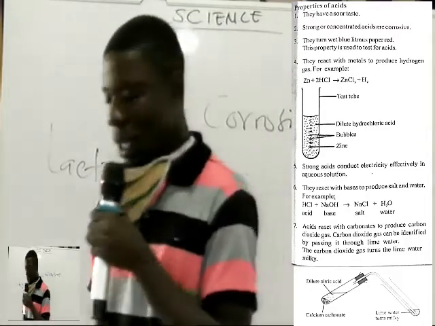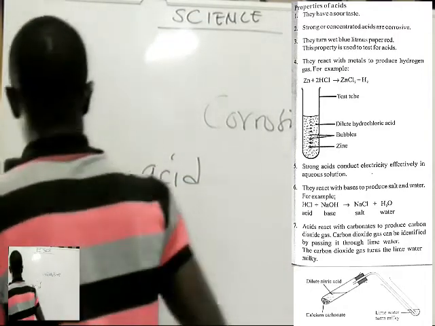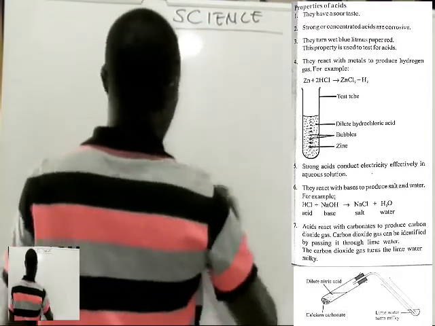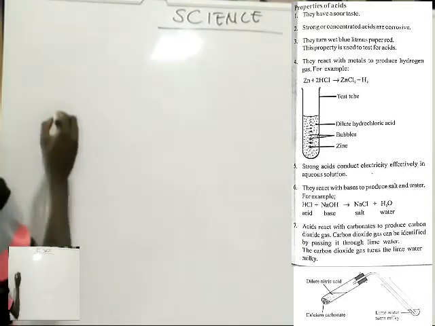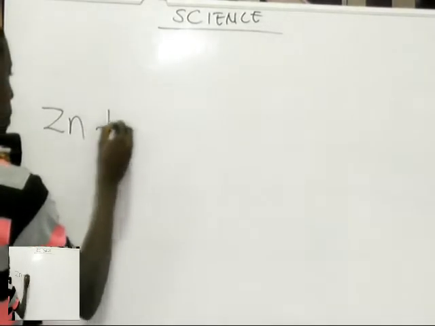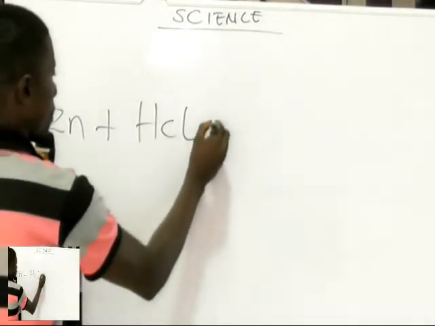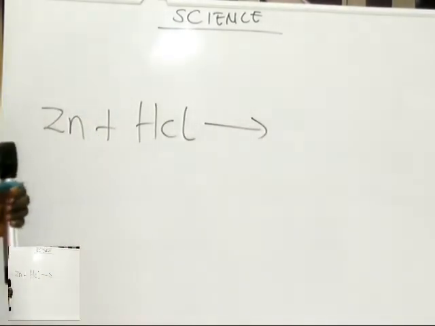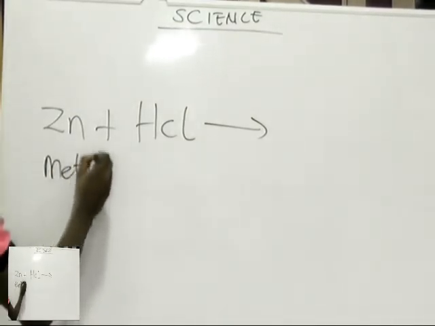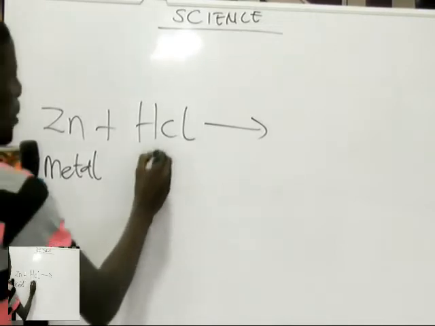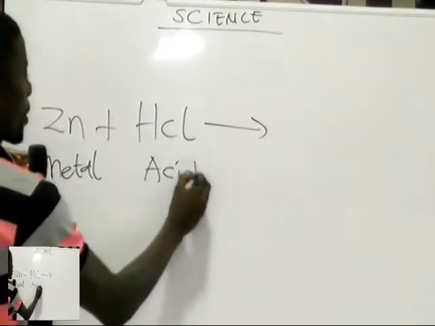Let us go to the board and do some chemical equation there. We have zinc metal. Now, here, this is the metal. And we have the acid here.